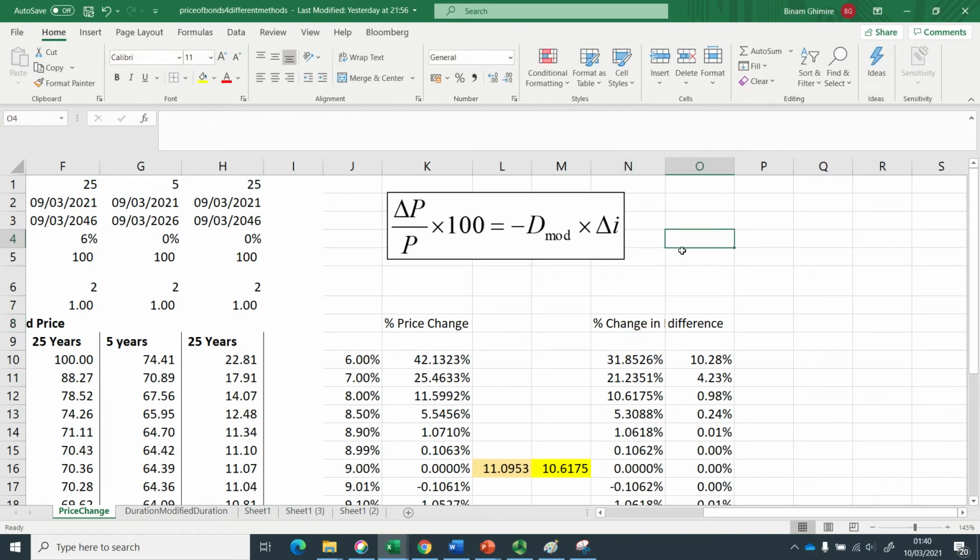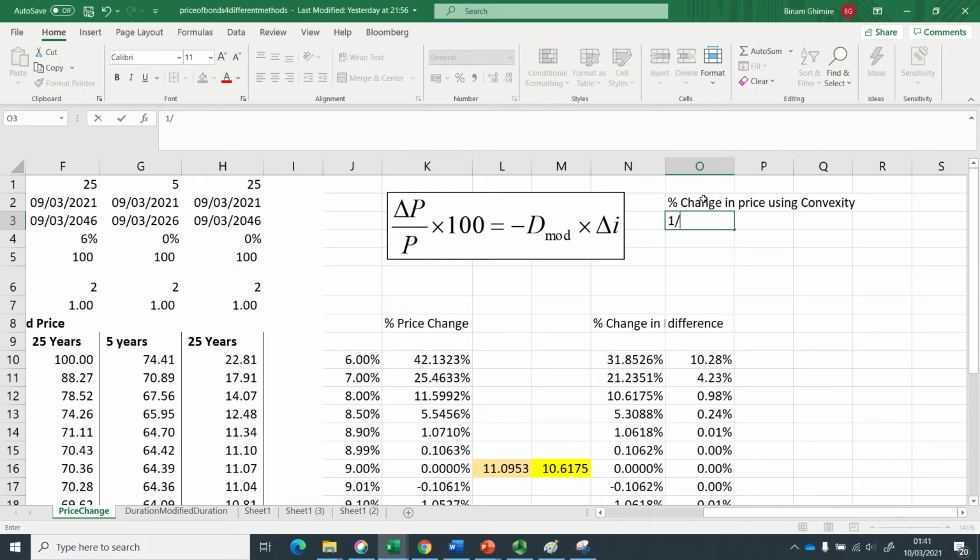But in the case of the convexity measure, what we need to do is, let me write here, percentage change in price due to convexity.